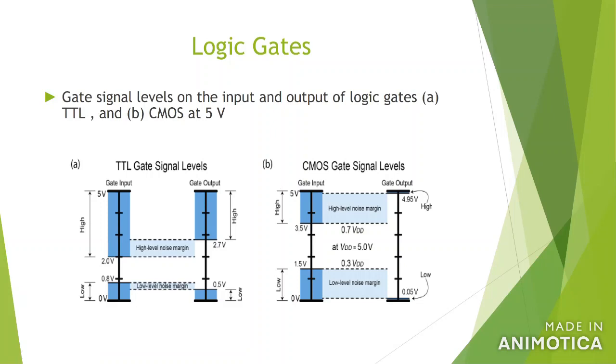Whenever you make your own circuit, make sure you use the same logic family. If you use TTL, use TTL for all other logic. If you choose CMOS, use CMOS for all. That way you don't have a mismatch of the logic levels.